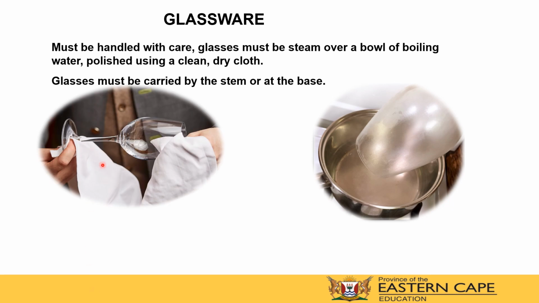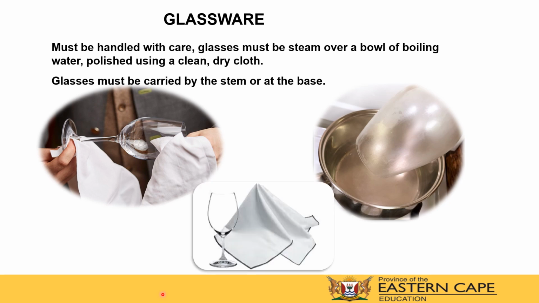Can you see that the service cloth is covering both the base as well as the glass itself, so that you are not leaving any finger marks when you are polishing the glass? Okay, and this is just an illustration that you would use a service cloth when you are polishing your glasses.